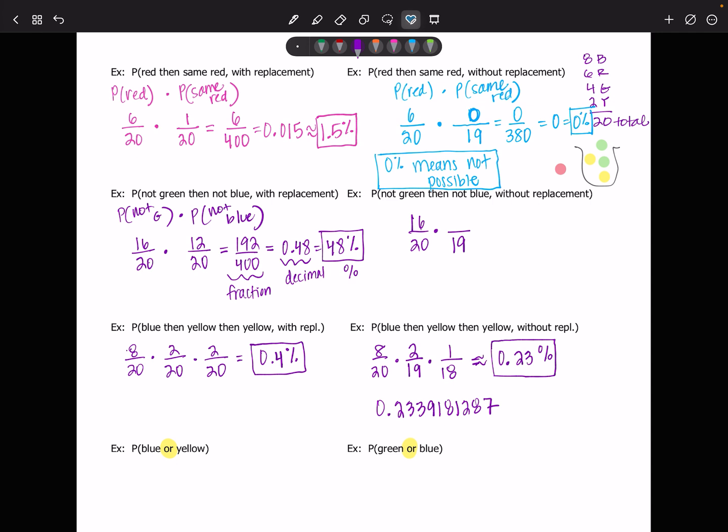Okay, so let's go back to this probability of not green and then not blue. So if it's not green, then I've taken it out. So it could have been any color but green. That one comes out. Then the ones that are not blue, let's see, there would be 12 of them.